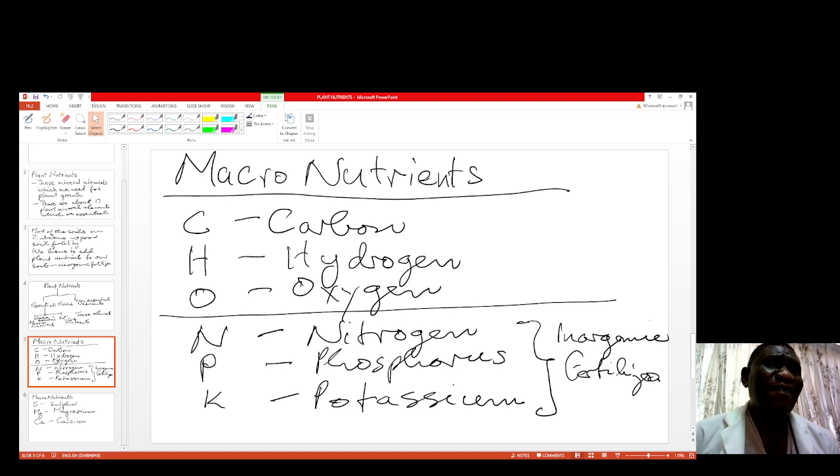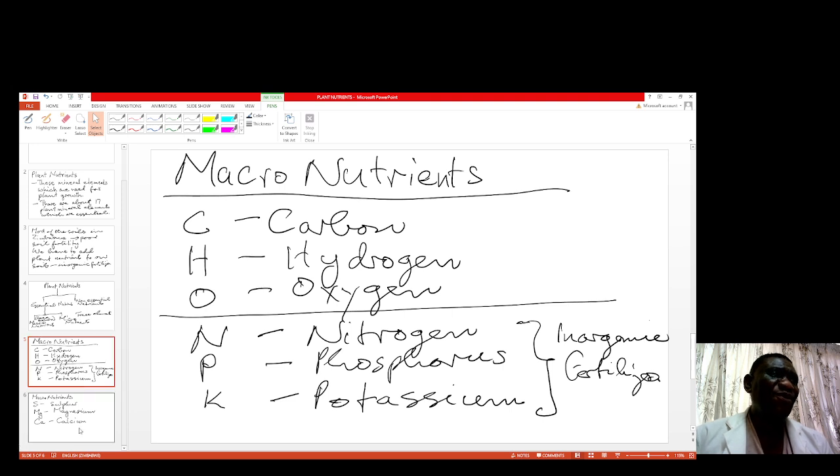Nevertheless, they are some of the most important macronutrients in plants. Then we have got the second group of three: nitrogen, phosphorus, and potassium.